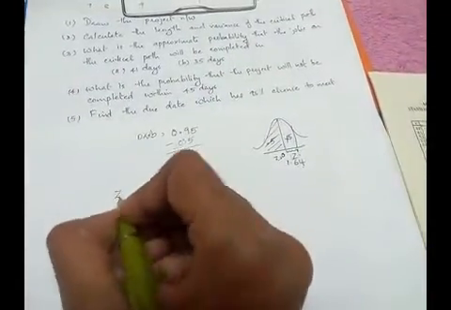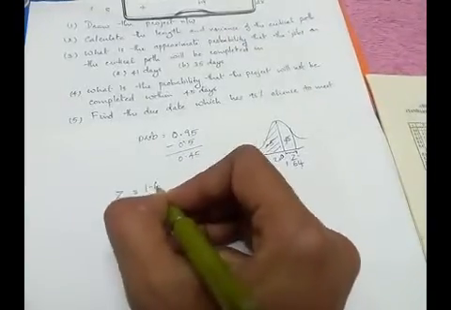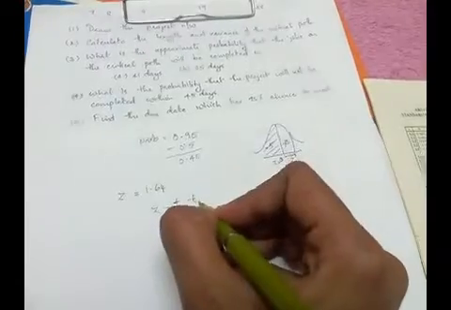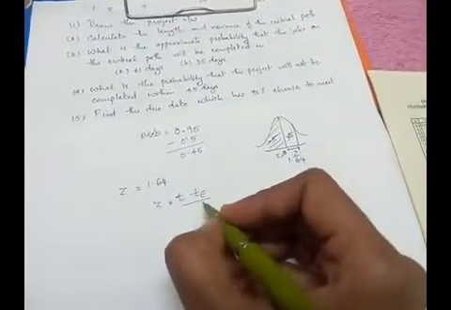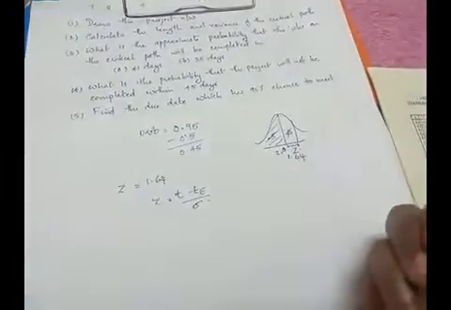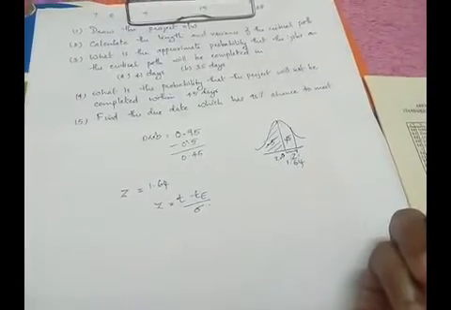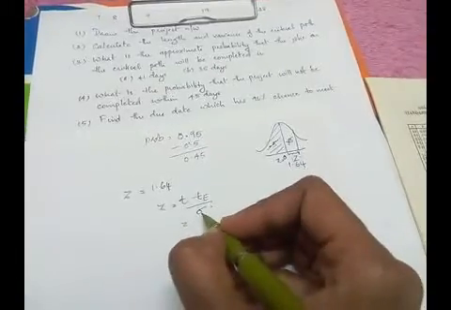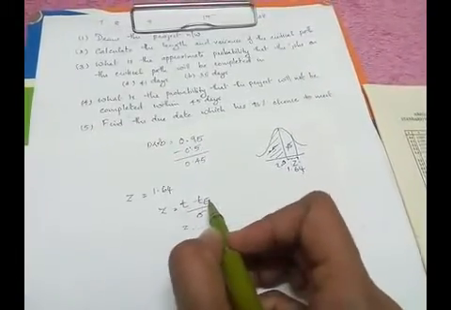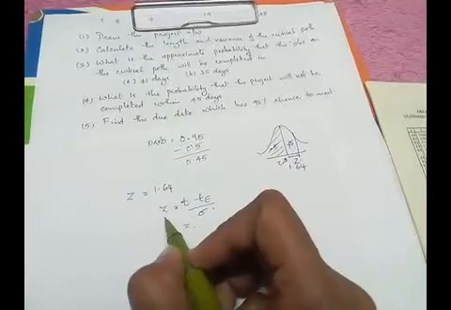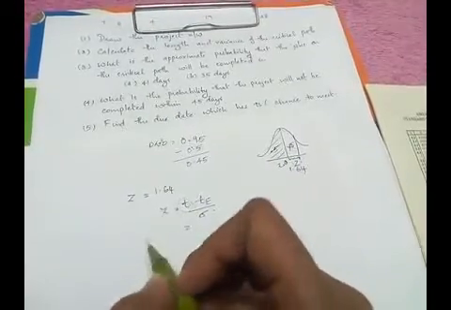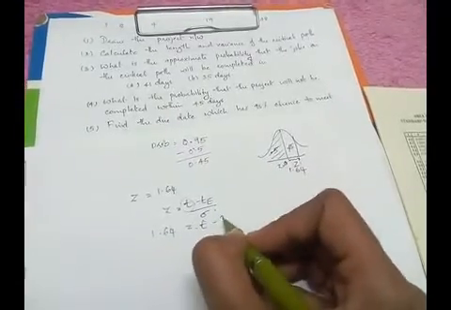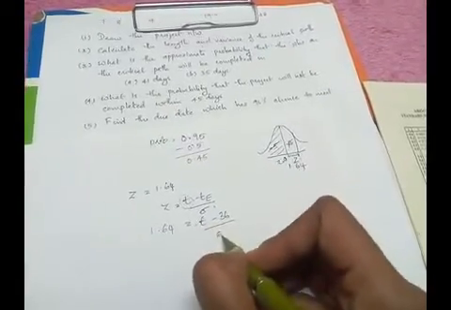We have got the z value as 1.64 and we know the formula for z is (t minus te) by sigma. By substituting the values, we know te, sigma and z now, so we can find the value of t. So 1.64 is equal to (t minus 36) by 5.